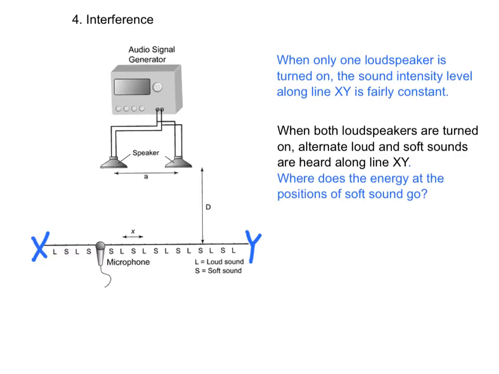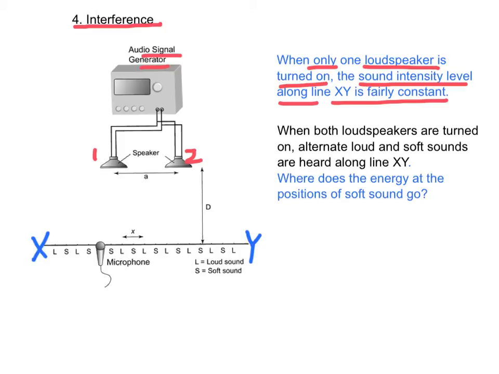The interference of sound wave. Connect two loudspeakers 1, 2 to the same signal generator. When only one loudspeaker is turned on, the sound intensity level along the line XY is very constant.